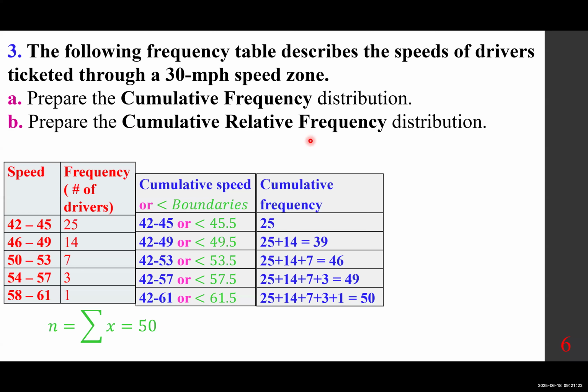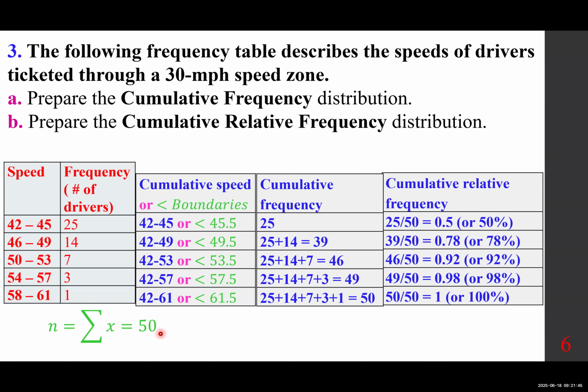What about part B? Relative frequency was defined as frequency over n. So cumulative relative frequency works the same way. So 25 divided by 50, 39 divided by 50, 46, 49, 50, each one divided by 50.